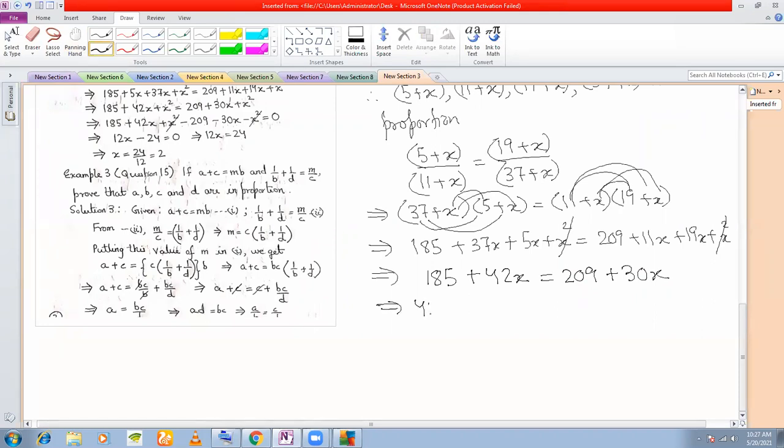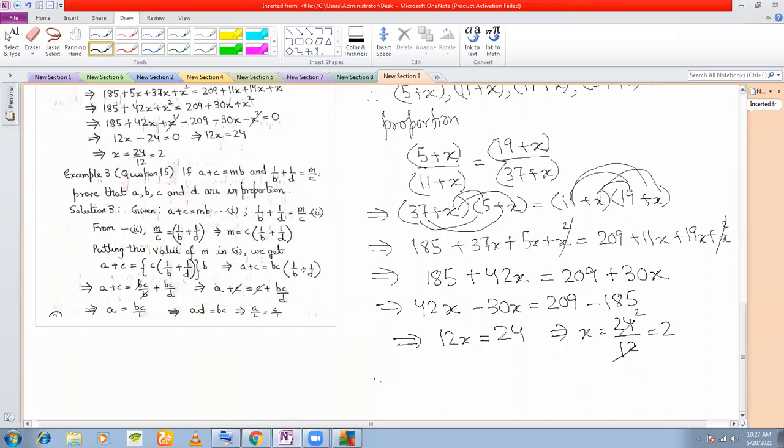Means now you have 42x minus 30x is equal to 209 minus 185. So that will give you 12x is equal to 24. You get x is equal to 24 by 12 is equal to 2. Okay, so 2, if you add to all the numbers, they will become in proportion.